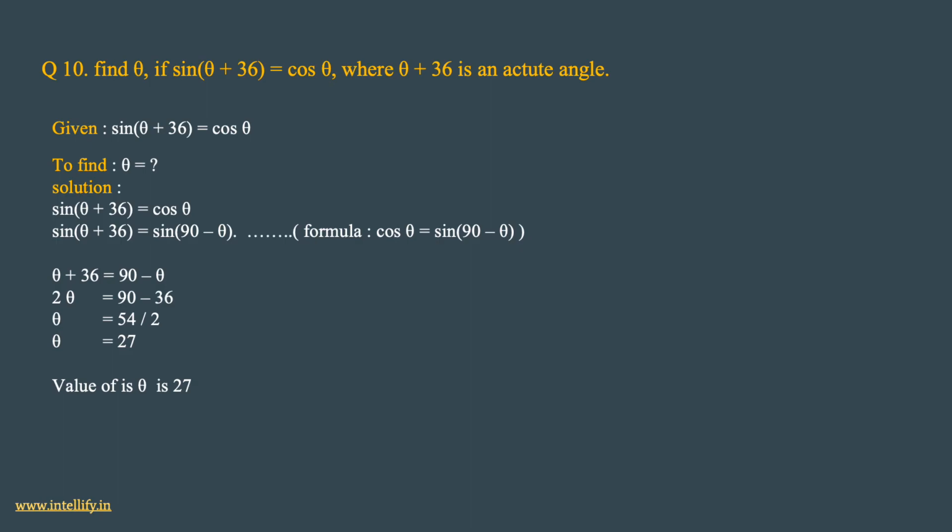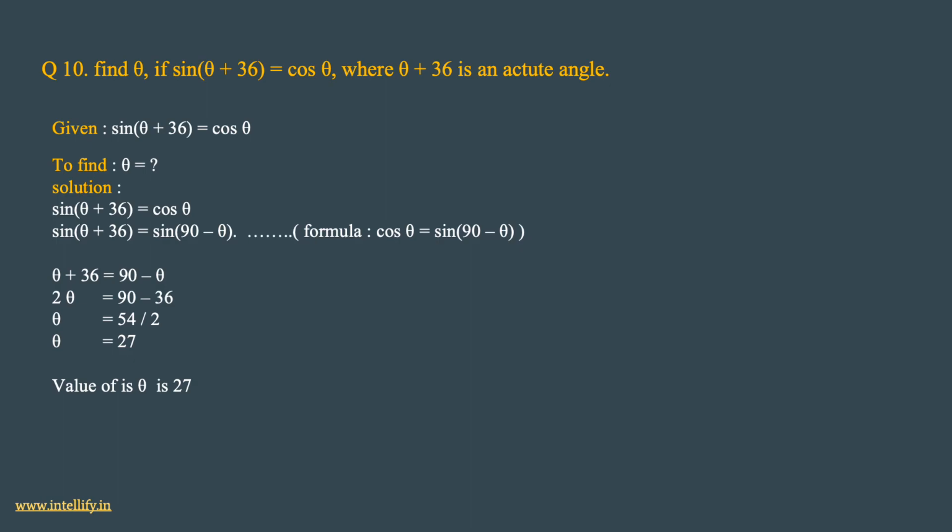Let's discuss the solution. Write down the expression which is given in the problem statement, and here we can apply the formula, which is cos theta is equal to sin of 90 minus theta. By putting the cos theta formula in the expression, we will get sin of theta plus 36 is equal to sin of 90 minus theta.